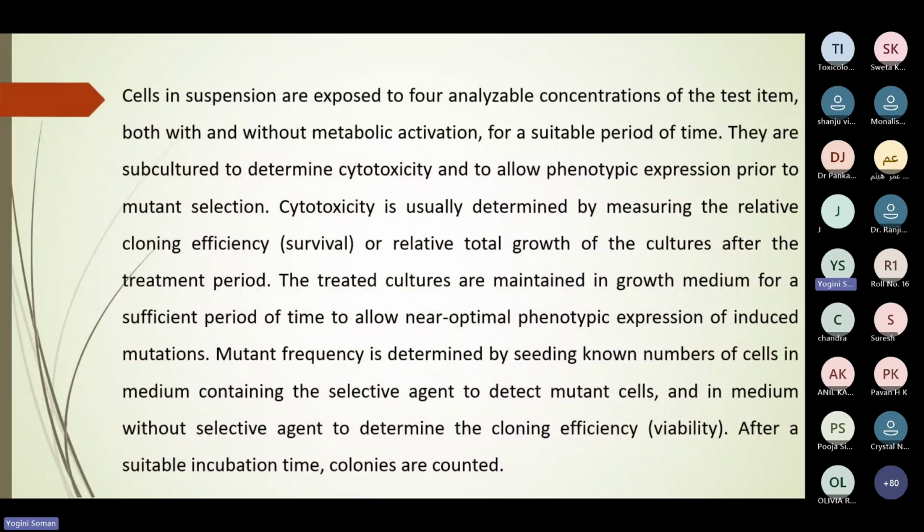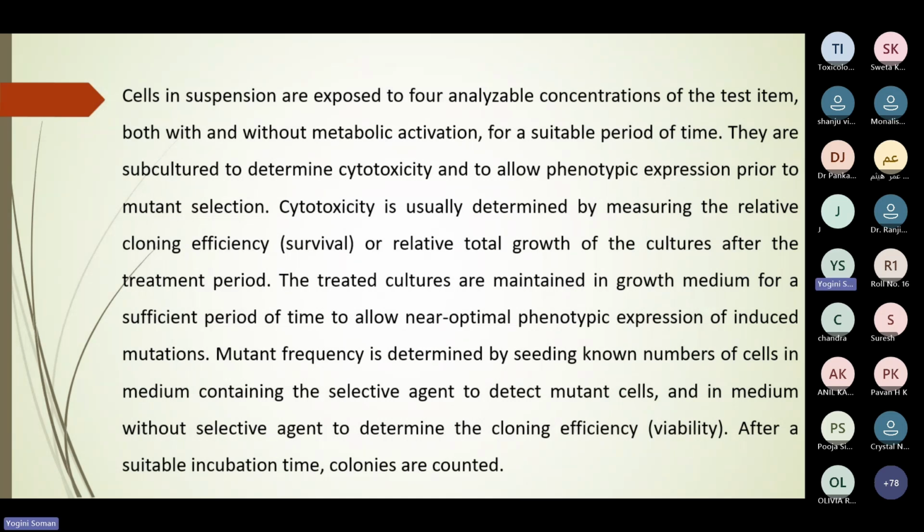On day 0, there is a target cell preparation and treatment with the test item. After 3 hours of exposure, you can change the media. For 24 hours exposure, after completion of 24 hours, you change the media and then seed the cells for the cytotoxicity determination.